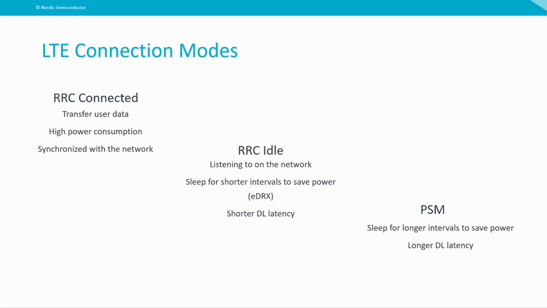In the RRC idle mode, you are listening on the network. You can sleep for shorter intervals to save power using the EDRX feature. And in this mode, you have shorter downlink latency compared to power saving mode, where you turn off the radio completely and sleep for longer intervals to save power.